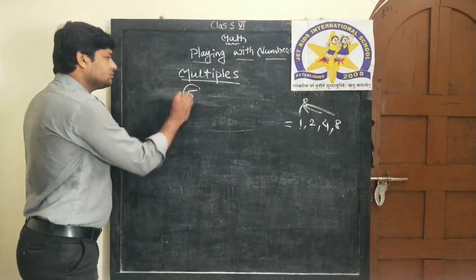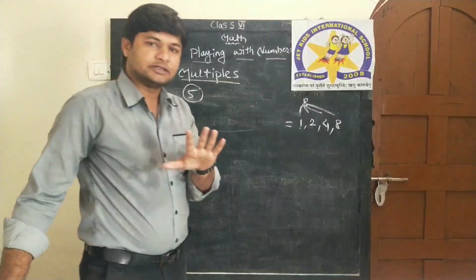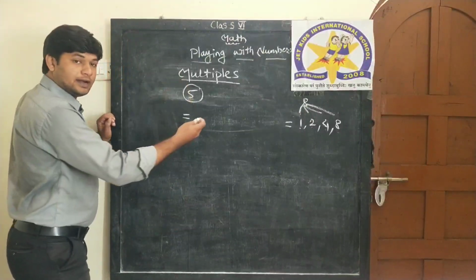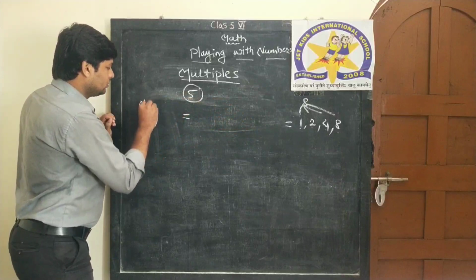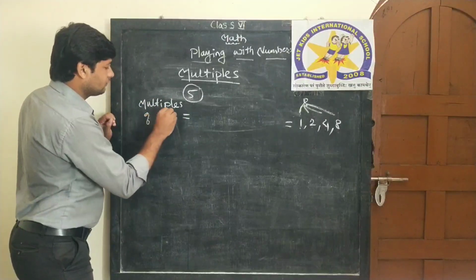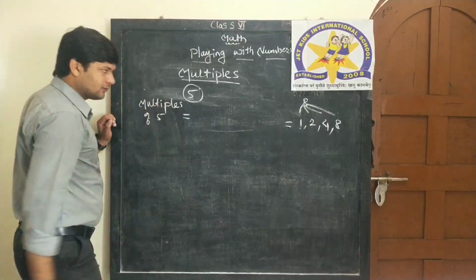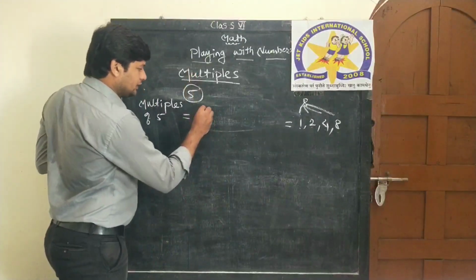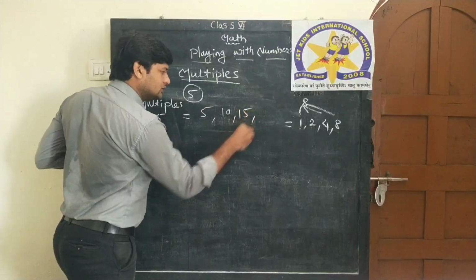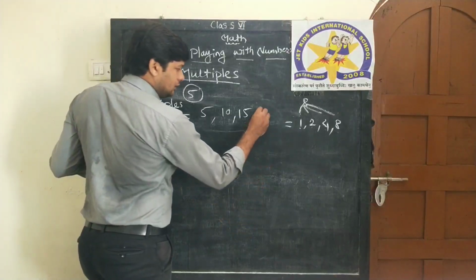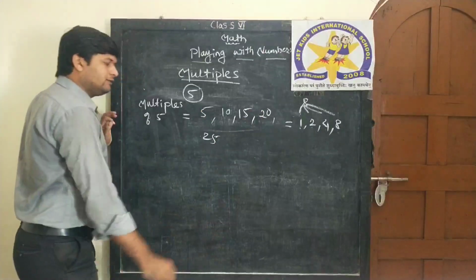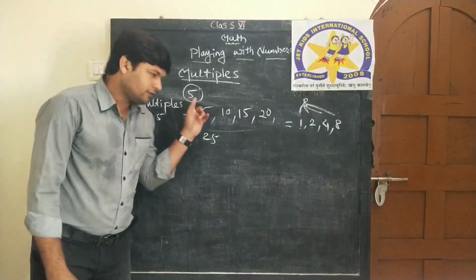So how will you write it? Here you go, first 5 multiples of 5: 5 ones are 5, 5 twos are 10, 5 threes are 15, 5 fours are 20, and 5 fives are 25. These 5 multiples of 5 I have written on the board.